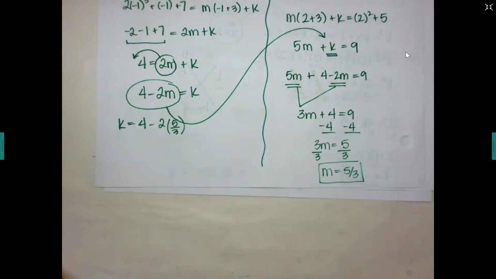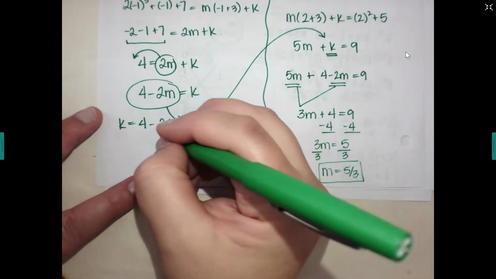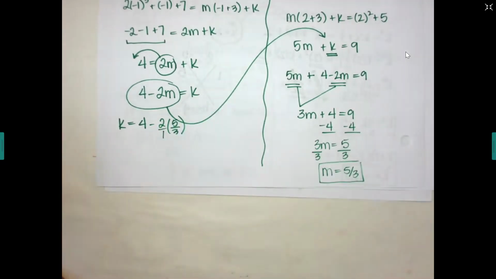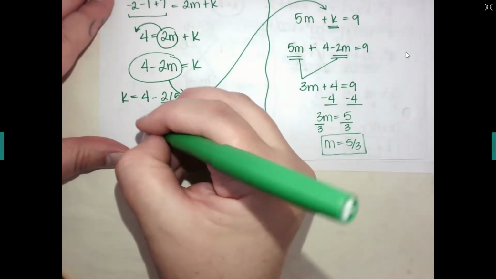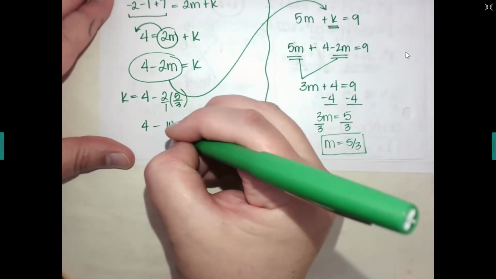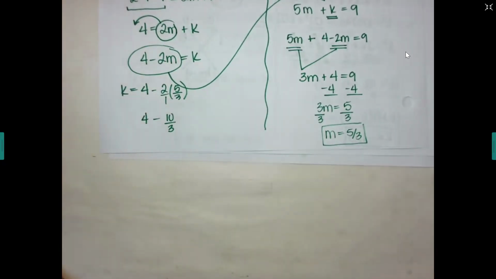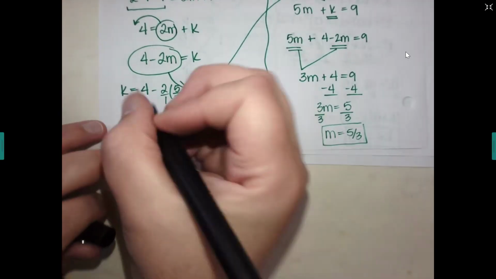And if you don't remember how to do fractions, just put the 2 over 1 and times the tops and the bottoms together. So 2 times 5 on top makes that a what? 10 over 3. Now I can't subtract a fraction from a whole number unless I make them both like terms. So if I want this 4 to be in thirds, I'm going to times by a 3, top and bottom.